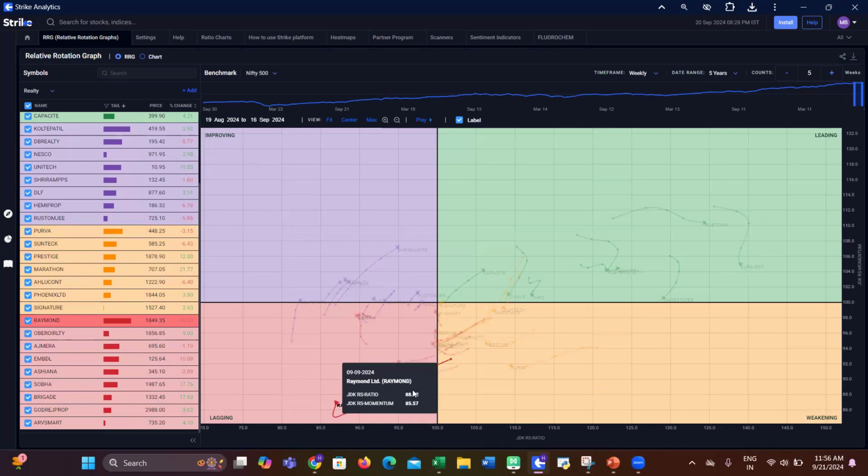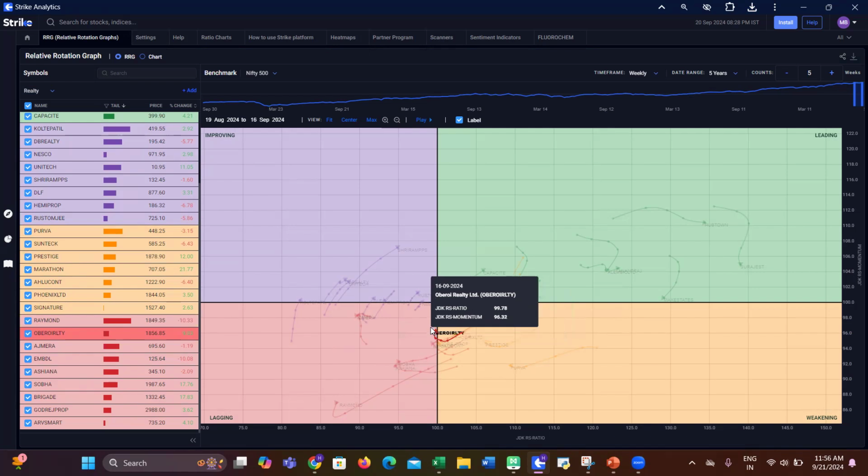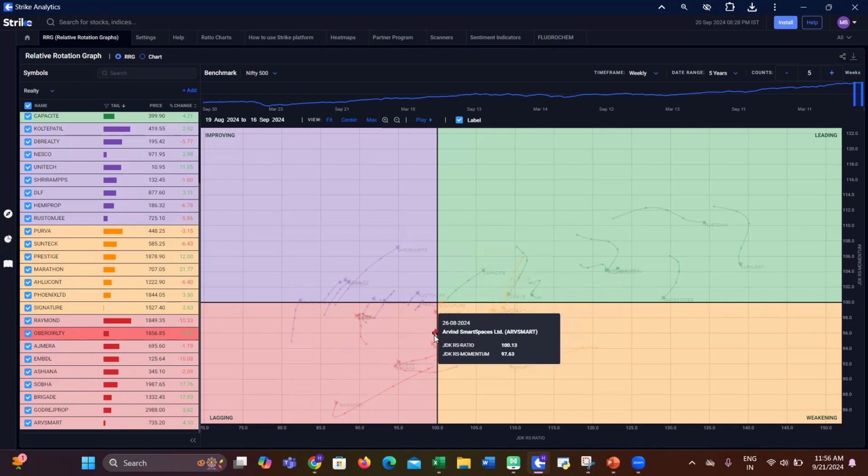Raymond's, I believe, yeah, we'll have to see if it has an increase in the RS momentum and RS ratio. Oberoi Realty, definitely there is an increase in the RS momentum and it is very close to the benchmark. And if it goes towards leading directly from lagging, it'll be very interesting to see. So watch out for all these stocks, folks.